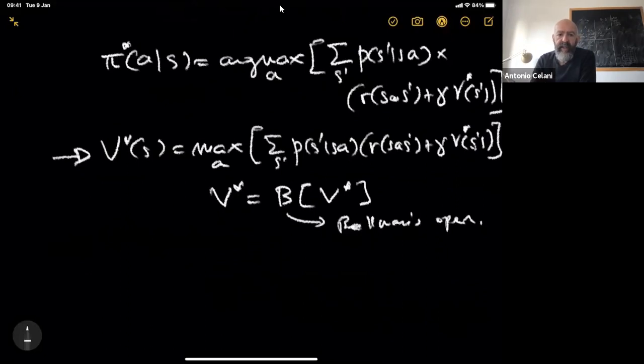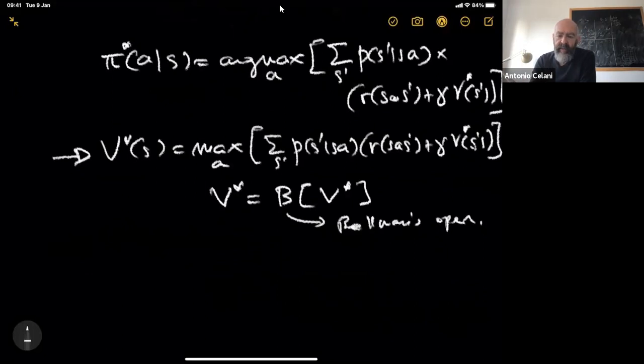In particular, there is a unique solution, up to trivial degenerations in case there are actions which are absolutely equivalent in terms of return.